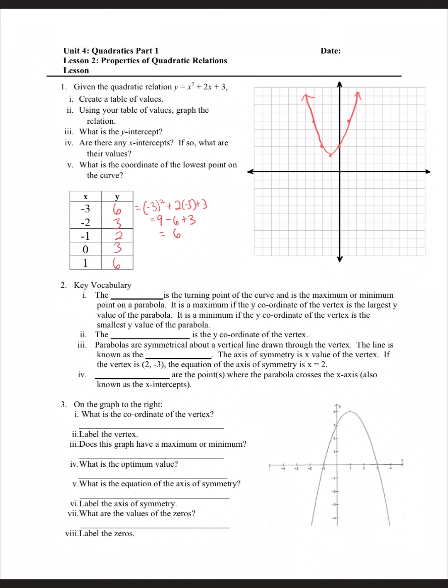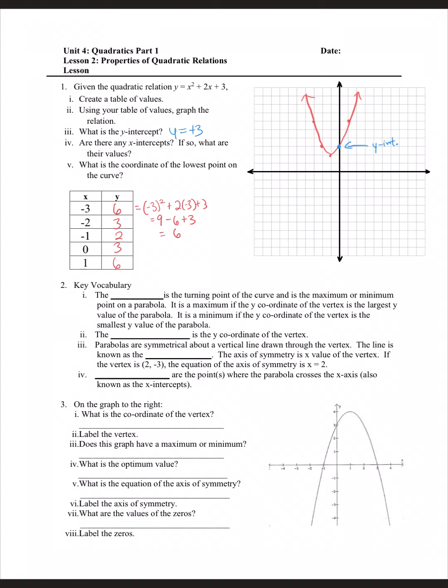All right, so what is our y-intercept? Again, we can identify our y-intercept. This is not new information, it's just a different looking kind of graph. Where does the parabola cross our y-axis? So our y-intercept is going to be at a positive 3. Are there any x-intercepts? If so, what are the values?